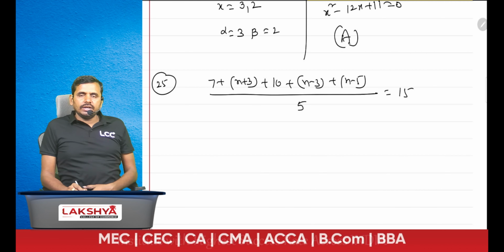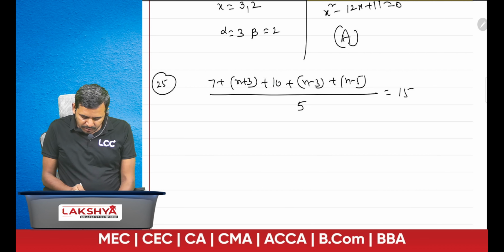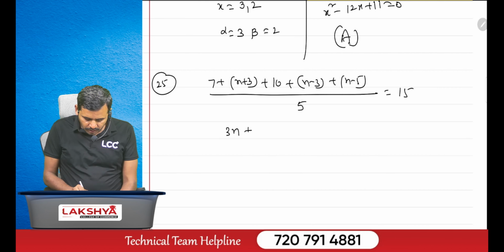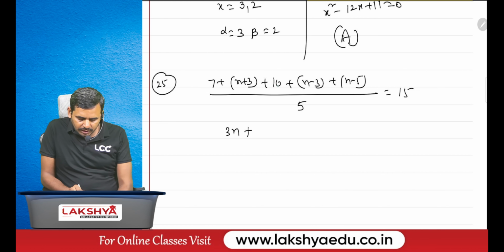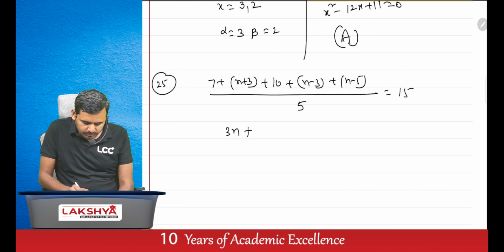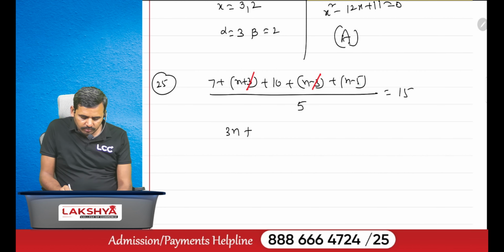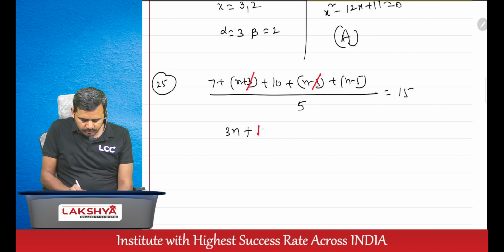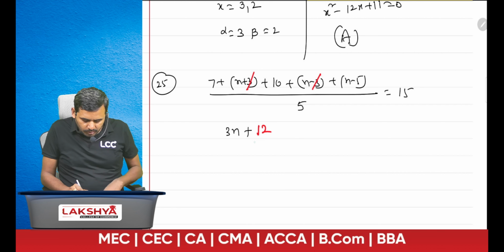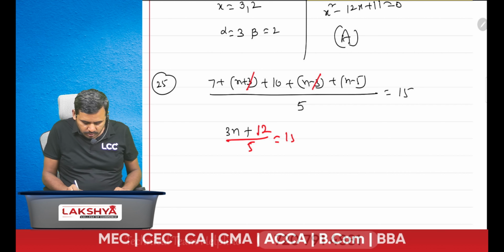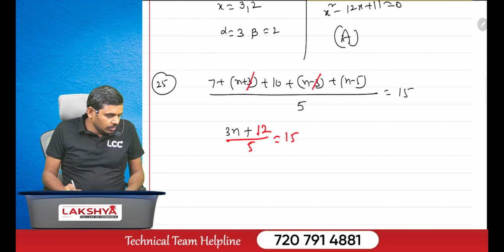Now we want to find such an n value. See, n plus n plus n, 3n. And adding the constants, 7 plus 3 is 10, the 3 cancels, 10 minus 5 is 5, 7 plus 5 is 12, by 5 is equal to 15.